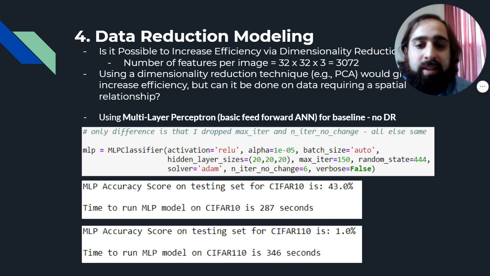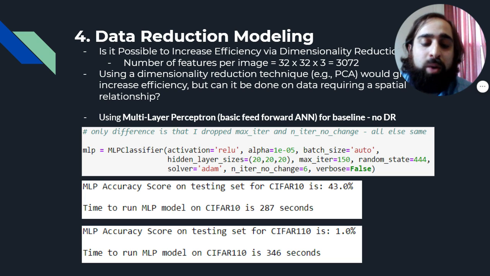So what I did was I took a basic feed-forward neural network called a multi-layer perceptron and ran the images through just for baseline before dimensionality reduction is done. I got a 43% accuracy on the testing set for CIFAR 10, which is actually pretty good considering that multi-layer perceptrons are not really used for image classification.